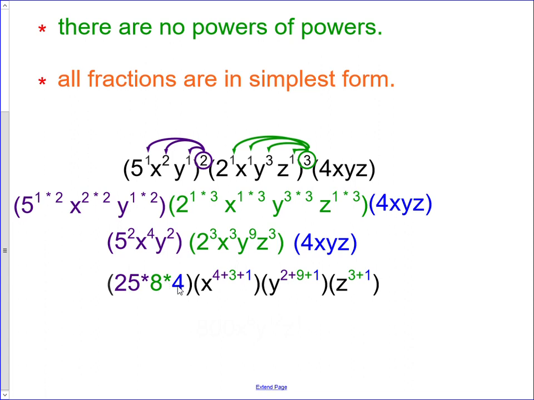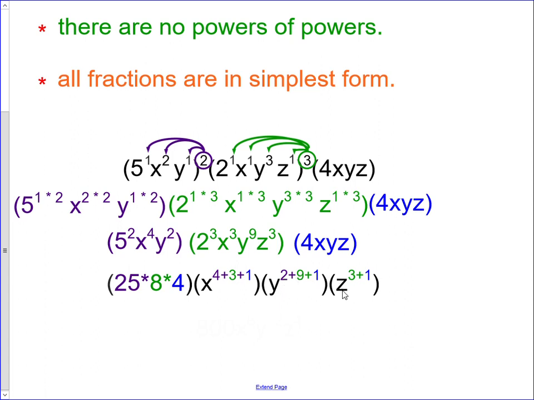Next, I take the variable x. I have x to the fourth power times x to the third power times x to the first power. So that's going to be x to the 4 plus 3 plus 1 power. Then we have y to the second power times y to the ninth power times y to the first power, which would be y to the 2 plus 9 plus 1 power.